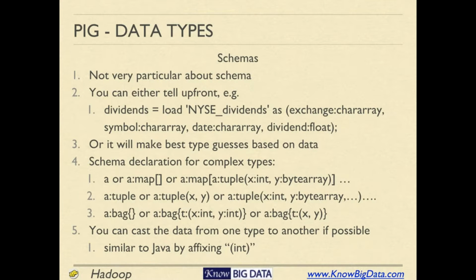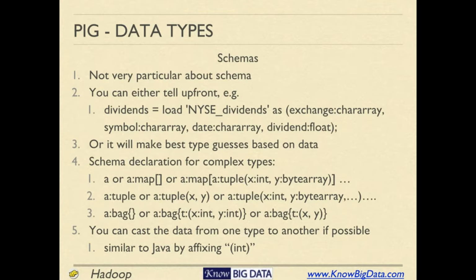Similarly, while describing something as a bag, you could say simply that this is a bag, or you could go one step further and say my column A is a bag where each individual tuple has these columns, because what describes a bag is what kind of tuple it has, and so on.